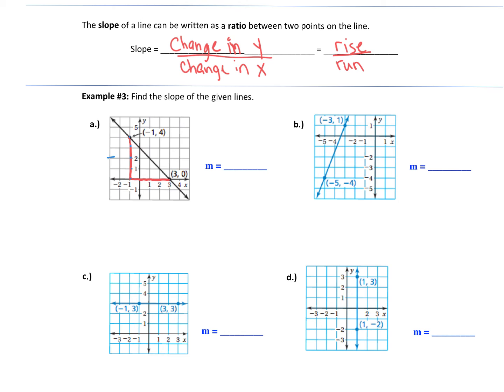So I went down 4. And if I go down, it means it's a negative. And then I had to go 1, 2, 3, 4 to the right. And so my slope then, my rise over run, is -4 over 4.